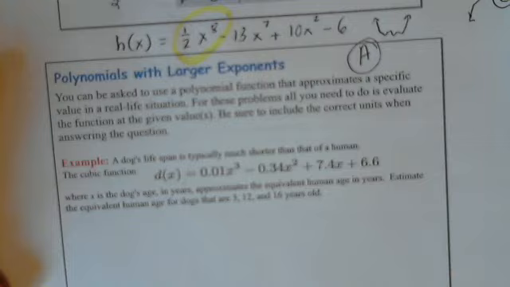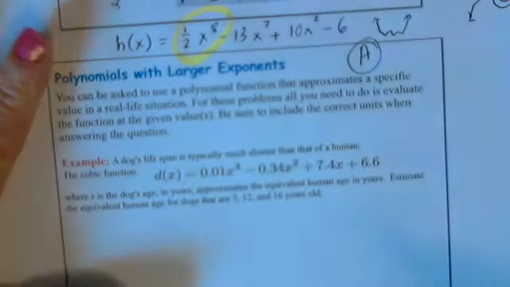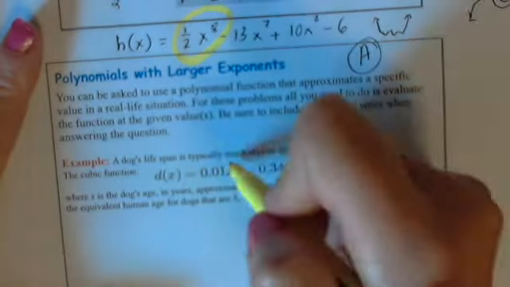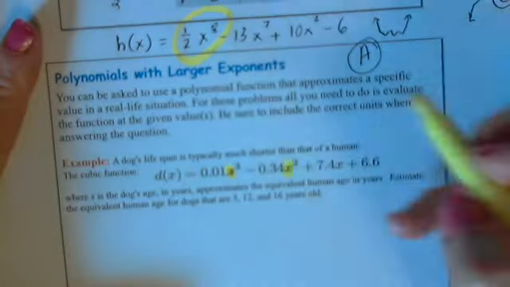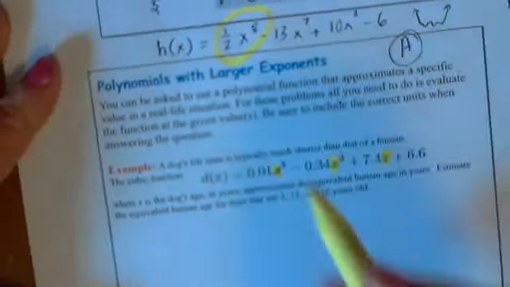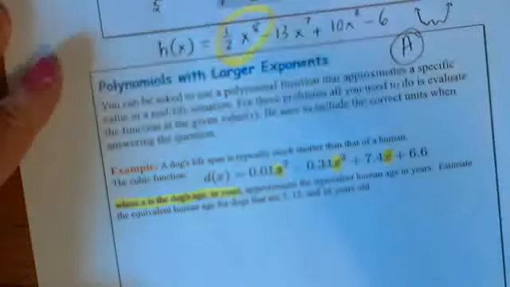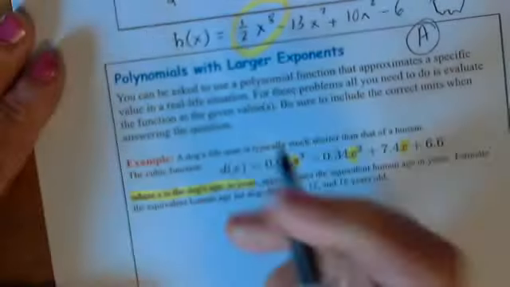Alright, when you come across an application problem like this, you need to determine two things. You need to determine what the input stands for in the story. And it will tell you straight out usually, where x is the dog's age in dog years. So write yourself a note.